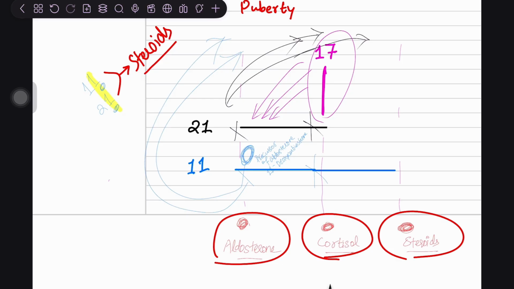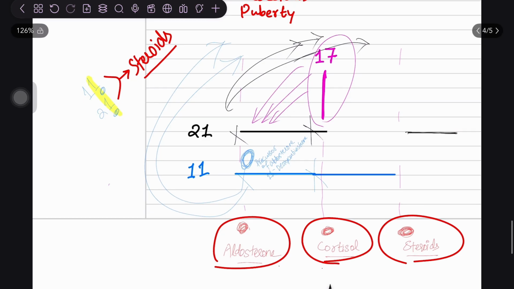There's the middle line of 21, crossing only two things. It's blocking out aldosterone, blocking out cortisol, and shunting into the steroids. So androgens are high in 21. You just need to map it out in your mind.